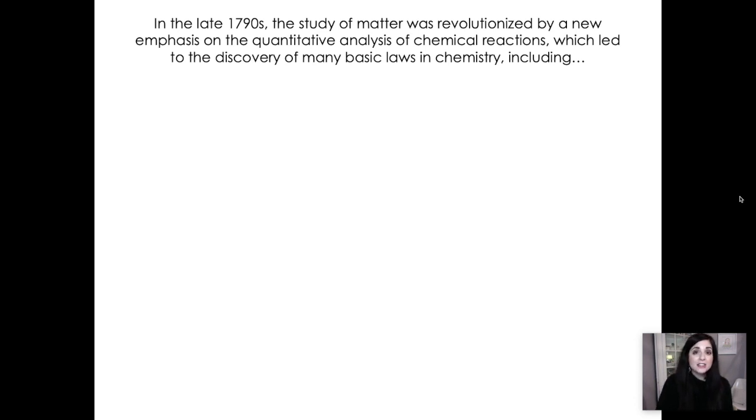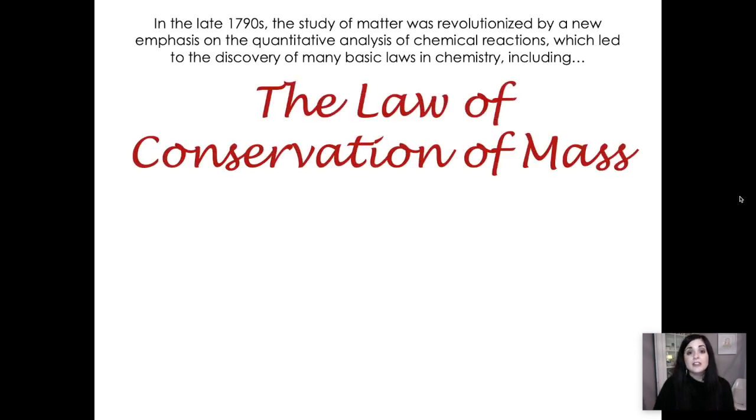And with this new advancement of science using quantitative measurements, we were able to determine lots of new information about chemical reactions that we never knew before. And therefore, at this time period, we were able to discover one of the most basic laws in all of chemistry. And this law is the law of conservation of mass.